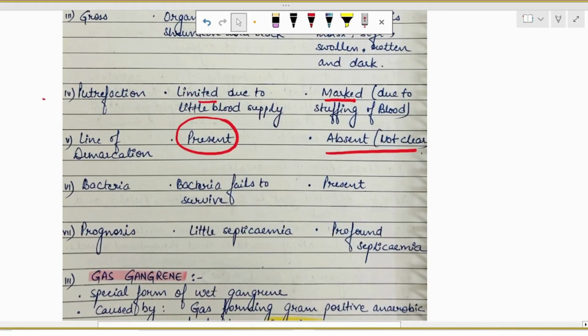Bacteria will fail to survive in dry gangrene because the blood supply is very limited. In wet gangrene, there is stasis of the blood, and there will be rapid proliferation of putrefactive bacteria, which release toxin into the blood. As for prognosis, dry gangrene has little septicemia, and profound septicemia will happen in wet gangrene.